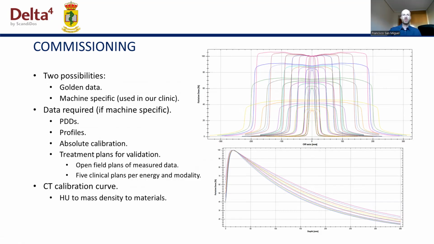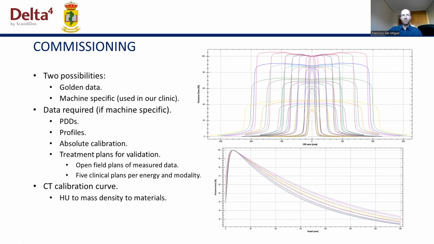The second approach involves importing the beam data measurements obtained during the commissioning of our treatment planning system, thereby enabling the Scandidos Insight calculation model to be customized and accurately matched to the characteristics of our specific LINAC.